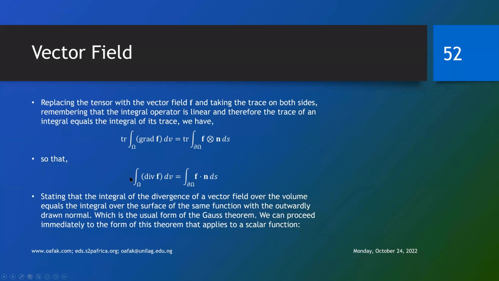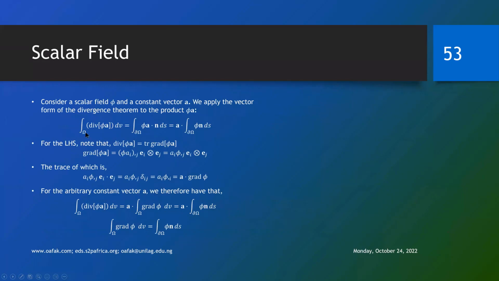The expression on page 52. Instead of F now, we are going to have phi A, where phi is a scalar and A is a constant vector. If that is the case, just with that substitution, we have that the divergence of F, which is now phi A, is written as the integral of phi A dot n dS.